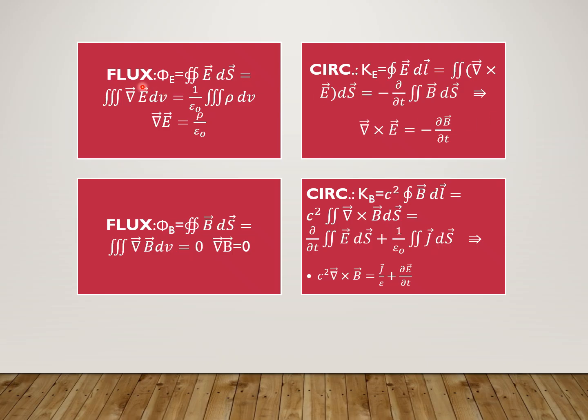Now, in summary, you have the flux equal to this one, and from this you have the dot product of nabla and E. The circulation is this one by definition, and from this we have the circulation of E in differential form. The same thing applies to the vector B for the flux and for the circulation.